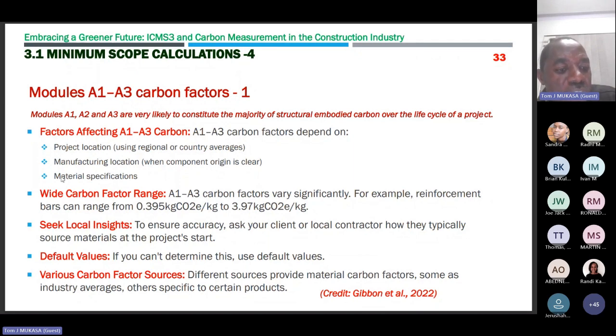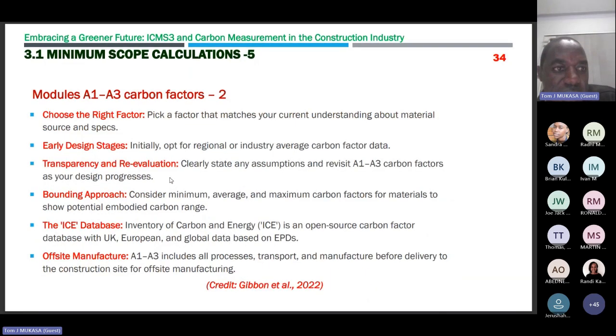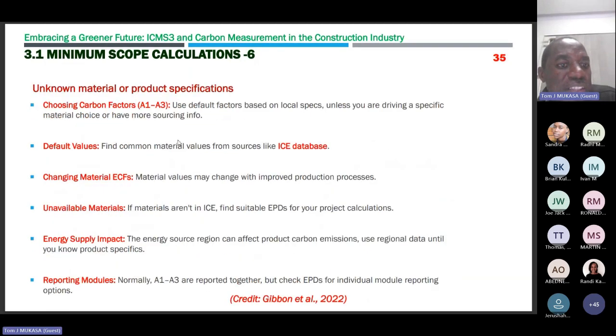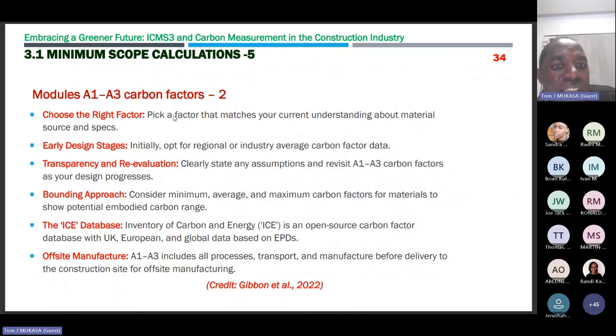You should also seek local insights to ensure accuracy. So you have to discuss with your clients, keep talking, okay? And always start with the default values, and then be specific about the sources of your information. When choosing the right factor, pick a factor that matches your current understanding about the material source.